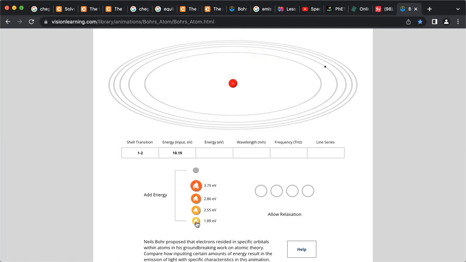The addition of energy is going down if I go up on the number of levels that the electron is jumping. Less energy I will add if I go from n equal 4 to n equal 5 than, for example, going from level number 1 to level number 2.